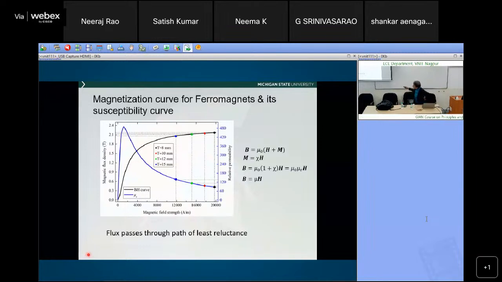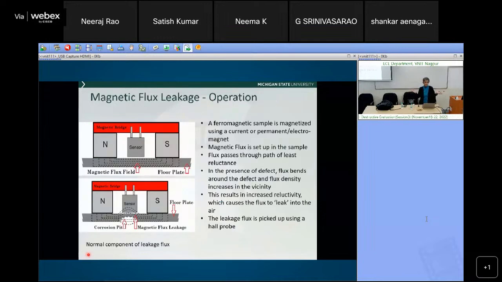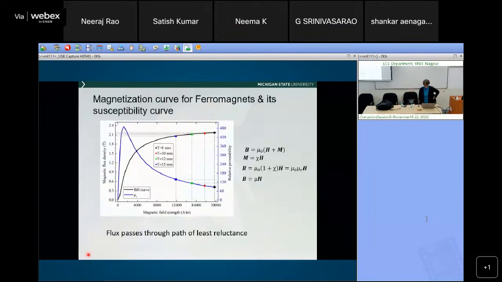So at different values of Tesla, those are the different applied magnetic fields at these points that you see over here. And when there is complete saturation, the material becomes practically non-magnetic. So it goes down.